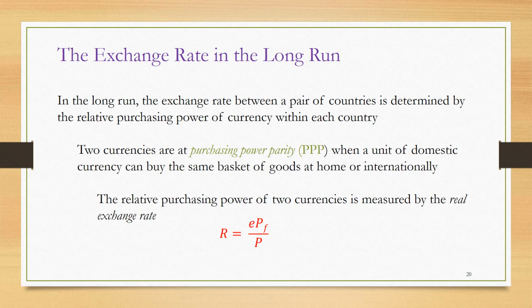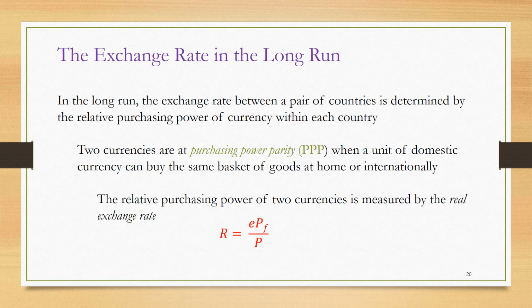So it's a kind of a tongue-in-cheek guide, but it's fun to have a look at, and in many instances, it does correctly suggest which currencies are under or overvalued. So the notion is, though, that in the long run the exchange rate should adjust so that the relative purchasing power of a currency within each country is the same.